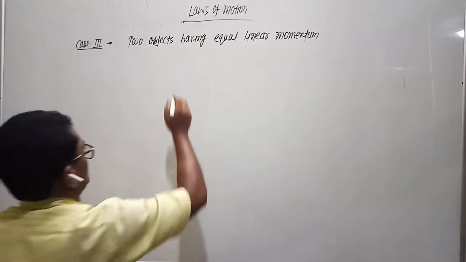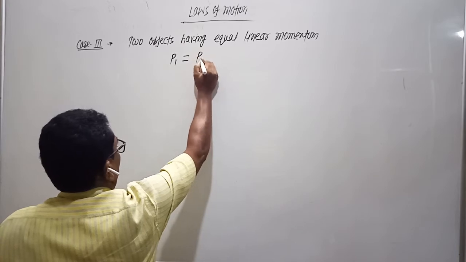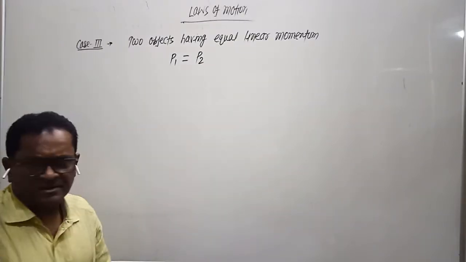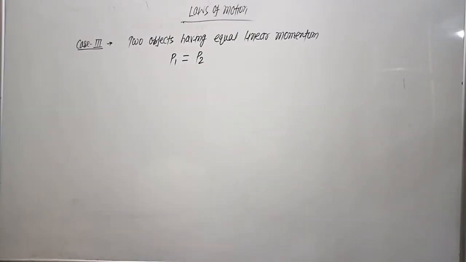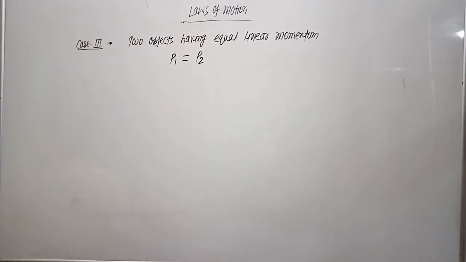Suppose their linear momentum is P1 equals P2. The first object has linear momentum P1, another object has linear momentum P2, and we are taking the case that both have equal linear momentum, meaning P1 equals P2.